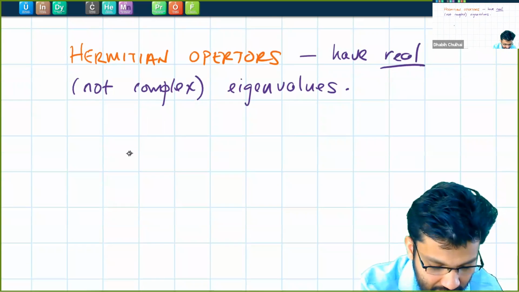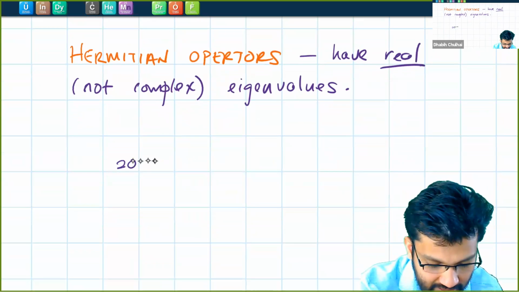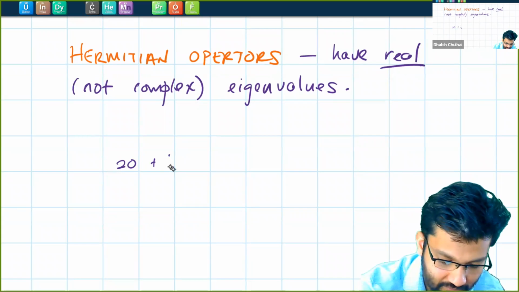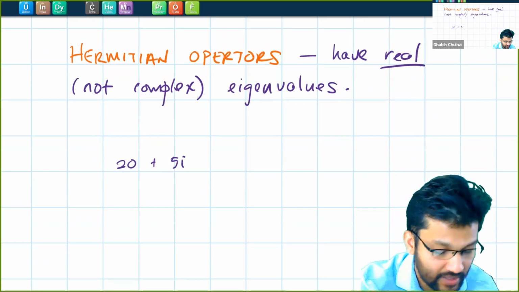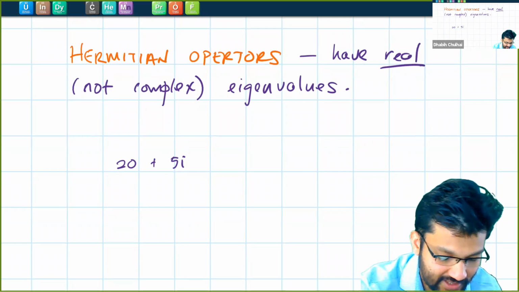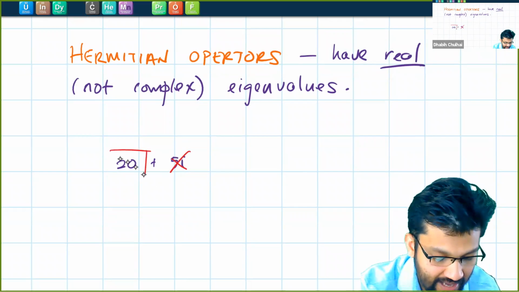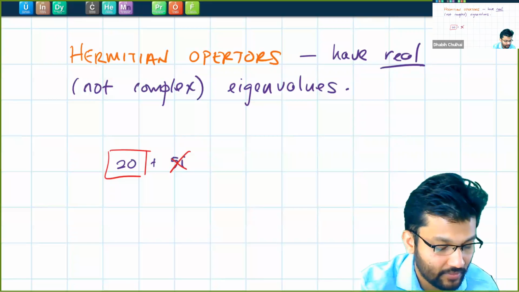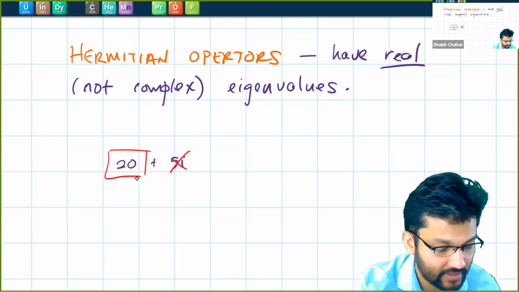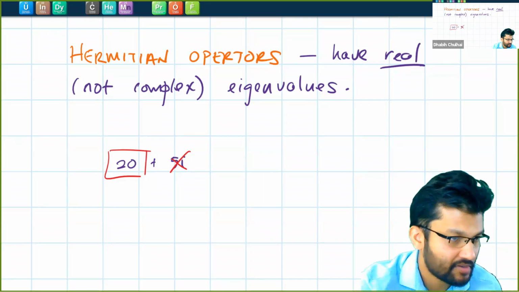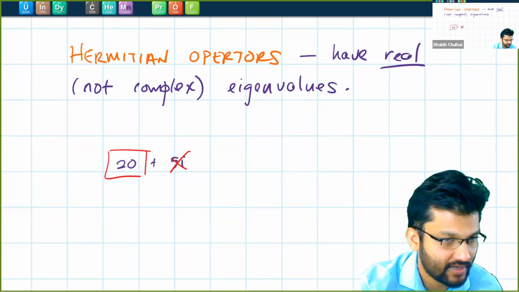Remember, complex numbers look like something like 20 plus 5i, right? That's a complex number. But if you were measuring the velocity, there's no such thing as a complex velocity. It will only have to be real. So whatever operator you use to get the velocity must only spit out a real number, not a complex number. That's what Hermitian means.